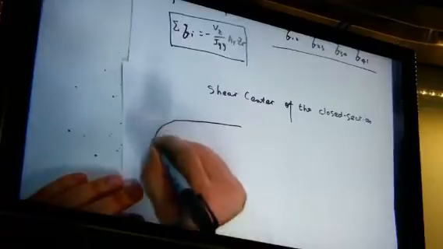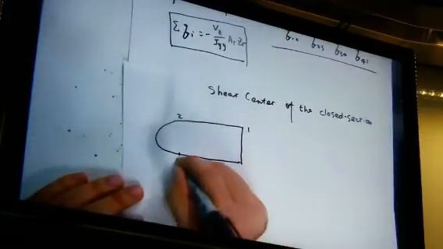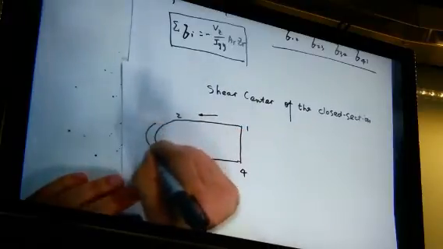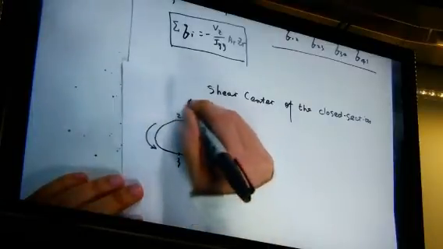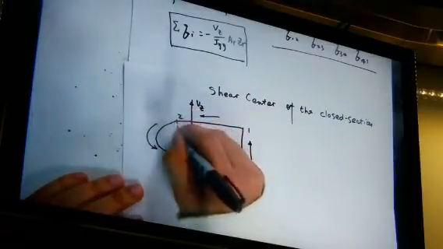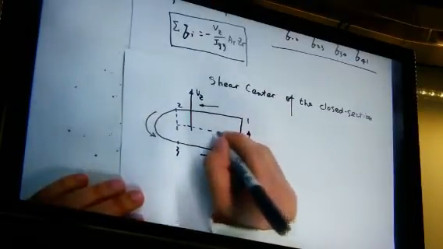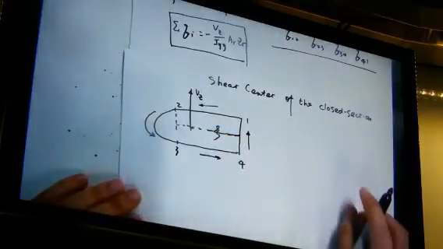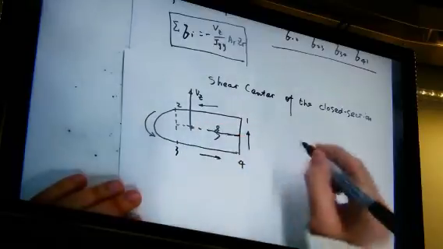If you figure out all of the shear flow in this closed section, 1, 2, 3, 4, and you already calculated all of the shear flow, and this is VZ, and if this is the KC you want to calculate, you are trying to figure out the location of the shear center.